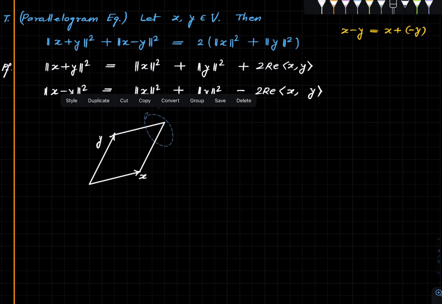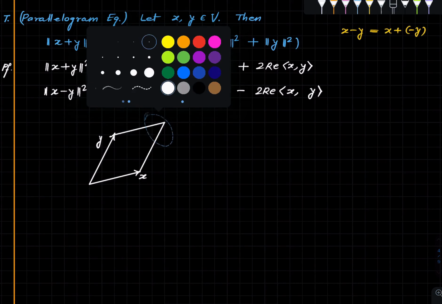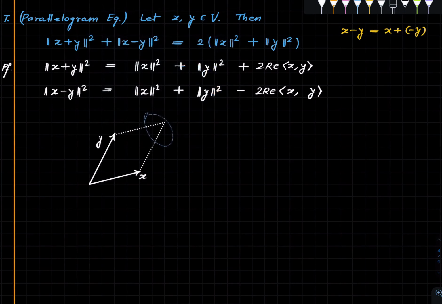So this is x plus y. This orange thing is x plus y. And this is x minus y.